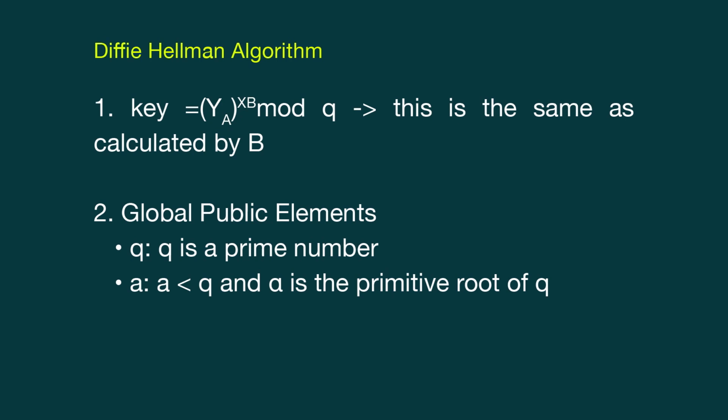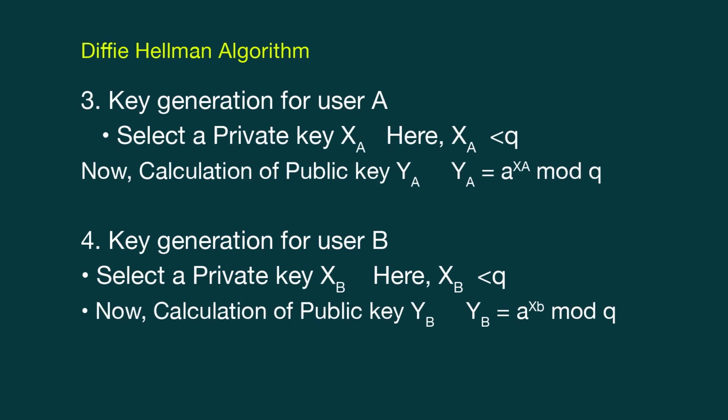The global public elements are q, a prime number, and alpha, which is less than q and is a primitive root of q. Key generation for user A: select a private key xa, where xa is less than q. Now calculate the public key ya, where ya is equal to alpha raised to xa mod q.